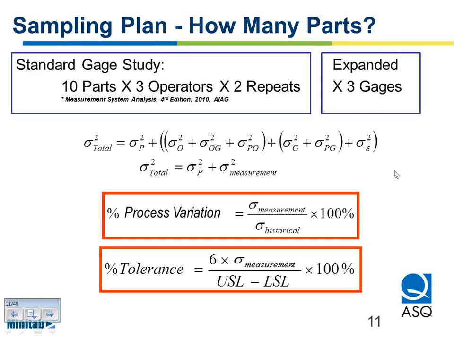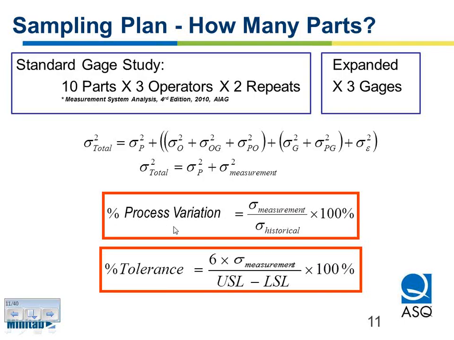That's going to be our benchmark study. That study would work if you can afford 180 measurements. Whether or not that's the most efficient study remains to be seen. That's the goal of this work. So we're going to use 180 measurements, 10 by 3 by 2 by 3, as our benchmark, and try to compare some alternative sampling plans to that.